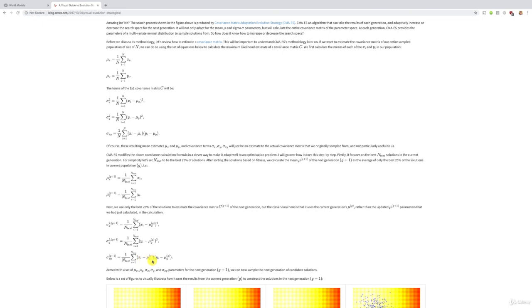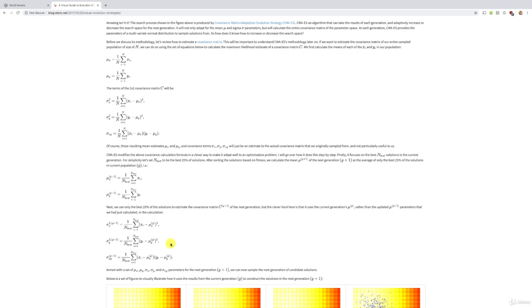Instead of subtracting by the mean of the x coordinates of the next generation, you're going to take the current generation, and same here, instead of taking the mean of the y coordinates of the next generation, you're going to take the current generation. So that's the little hack here, which is done in two steps. First, taking the 25% best solutions, and second, replacing in these means the next generation by the current generation.